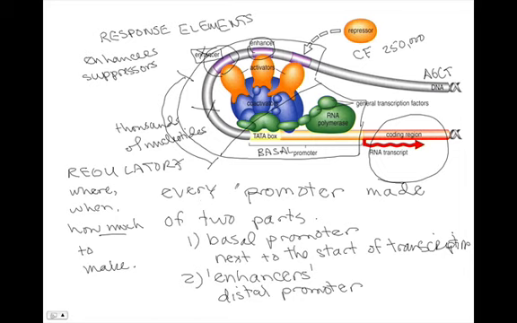So that's what the promoter is, and again, that's all about the DNA in this story. I'm going to stop here and make a second part to this where I describe the colored objects.